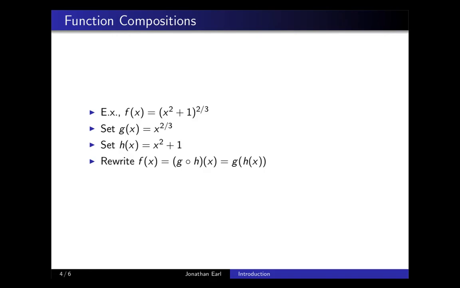If we take g to be the function x to the 2/3 power, and h to be the function x squared plus 1, we could rewrite the function f as g of h of x. And all that's saying is, for g of h of x, everywhere you see an x in g of x, replace that x by h of x, which in this case is x squared plus 1, and if you did that, you would have x squared plus 1, all raised to the 2/3 power, which is exactly f.